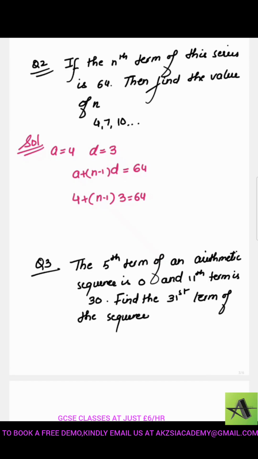So subtract 4 from both sides. You'll get n minus 1 times 3 equals 60. Now divide both sides by 3. You'll get n minus 1 equals 20. And finally, adding 1 to both sides or transposing 1 onto the right hand side, you'll get n as 21. That means the value of n here is 21.